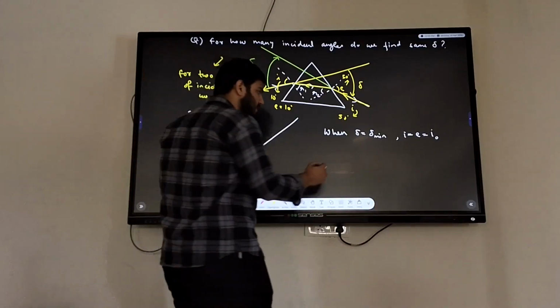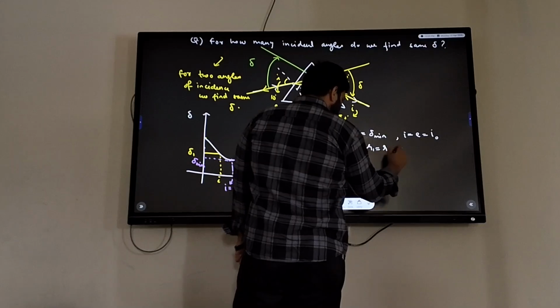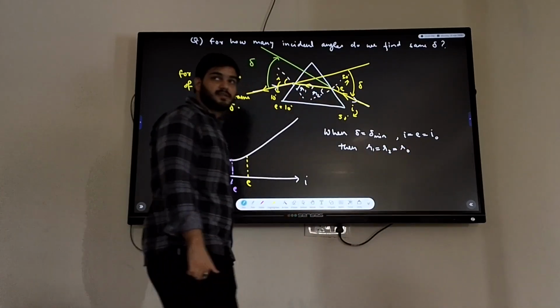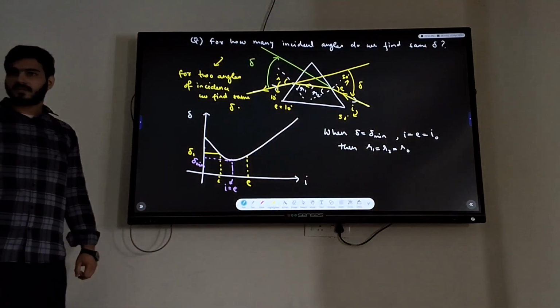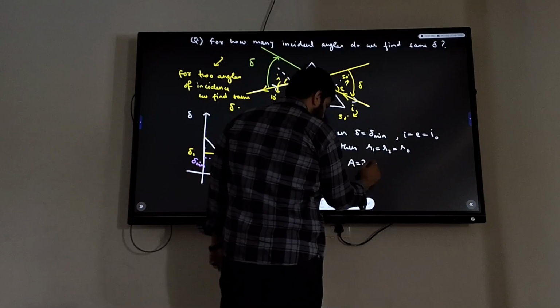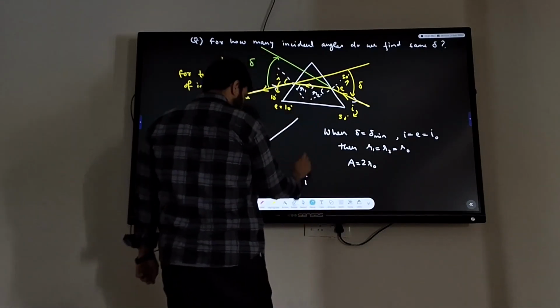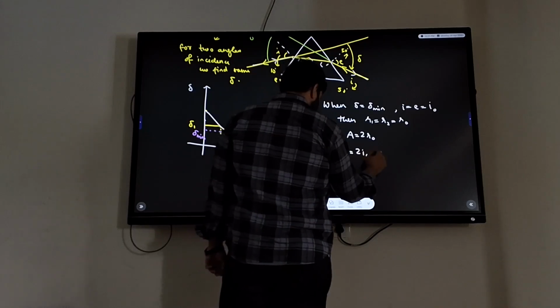So R1 is equal to R2 is equal to R naught. Same R. Then what should be A? A should be 2R naught. And what should be delta? Delta is equal to 2I naught minus 2R naught.